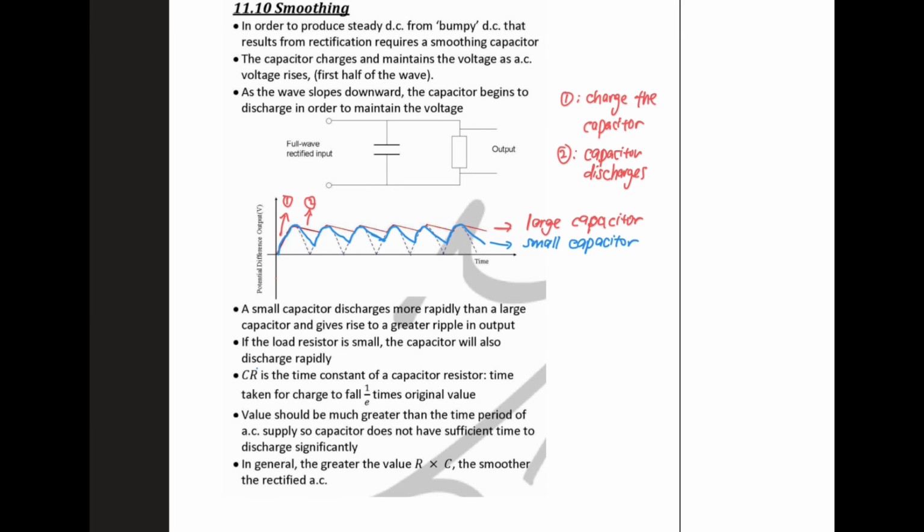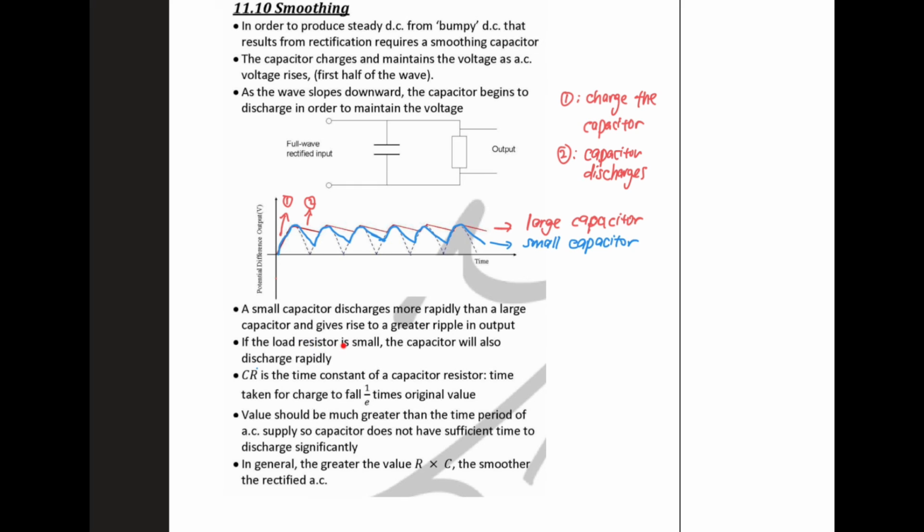So if you follow the blue one, what happened is there is a greater ripple. That means up and down is quite a lot. Okay, but if you are using a large capacitor, it doesn't go down too much, so of course the red one is better. Okay, so the blue one is not so good. They go down a lot.